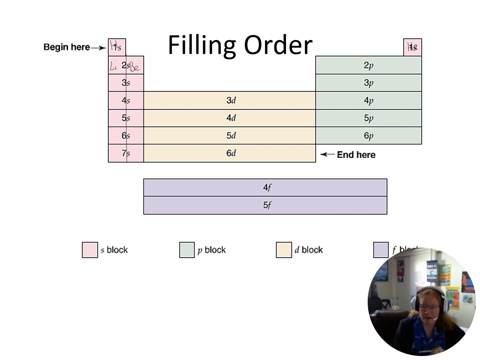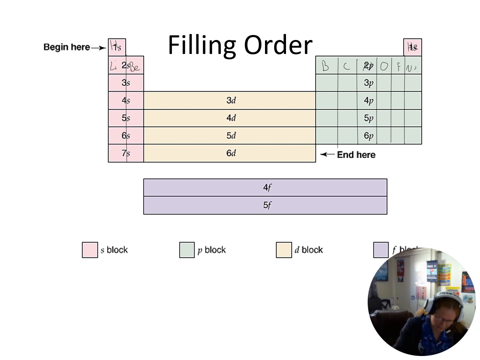And so I'm going to fill that 2s with lithium and beryllium, and then I'm going to come over here and not space this out very well. And I have 6 elements across on there. For this we'll get our boron, our carbon, our nitrogen, our oxygen, our fluorine, and our neon.